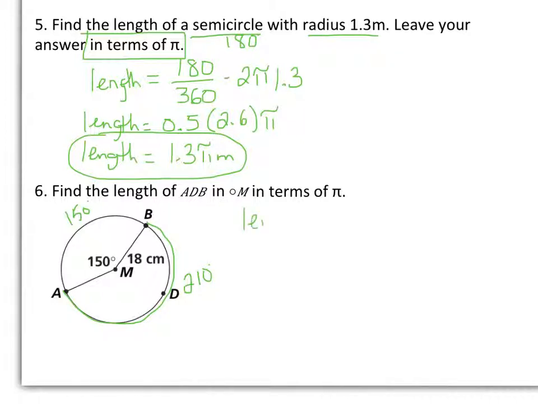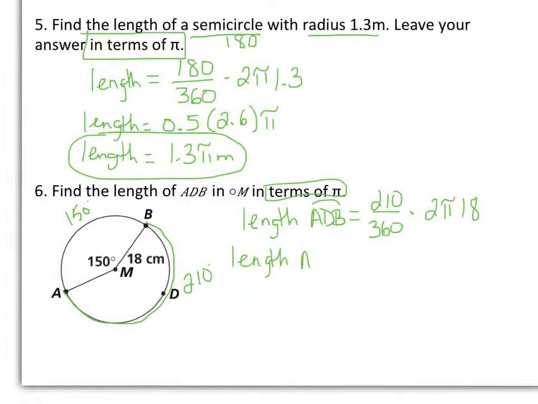To find the length of arc ADB, we'll take the measure of our angle, 210, divided by 360 times 2 pi, and our radius in the figure is 18 centimeters. Again, we're going to leave in terms of pi.